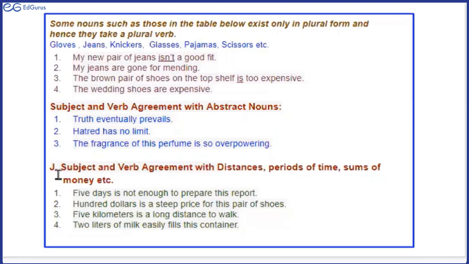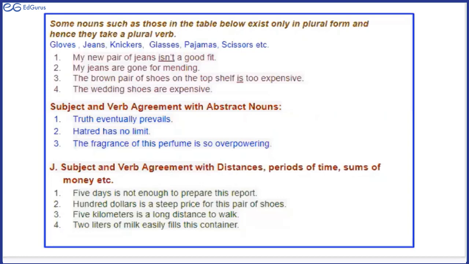Right? Ma'am, we always use singular verb when we have the plural subject. Just repeat your question, please. Ma'am, we always use singular verb when we have a plural subject? No. We have already discussed so many rules here. It is not necessary that we always use singular verb.